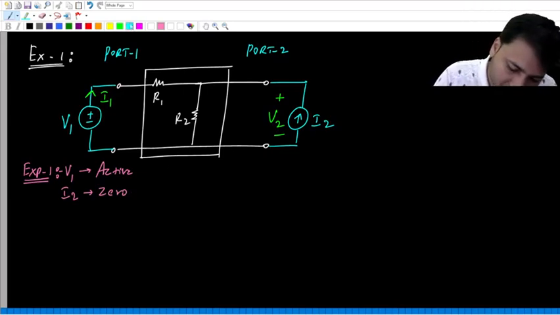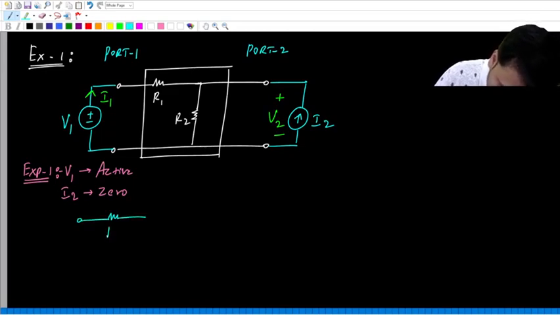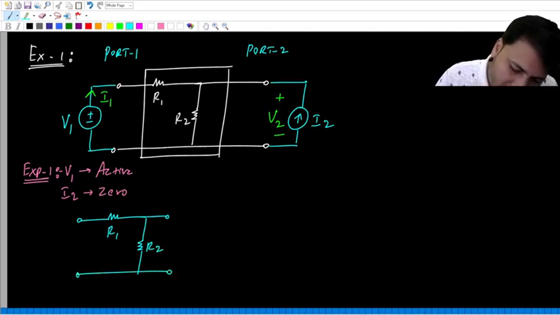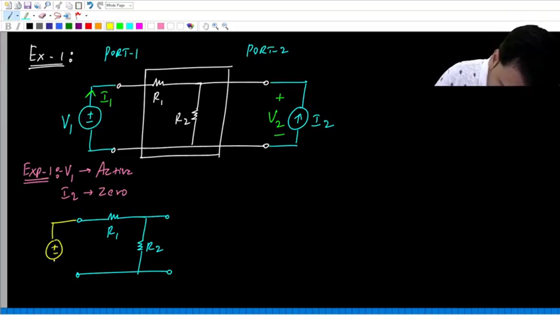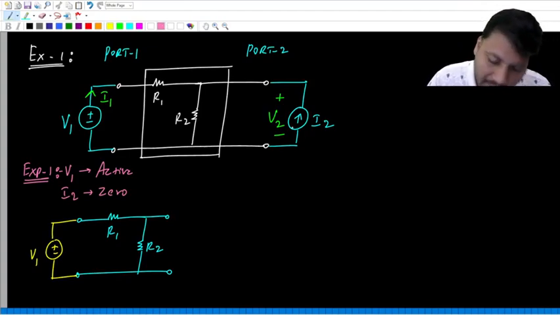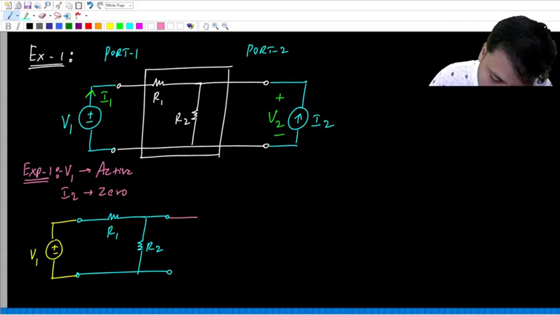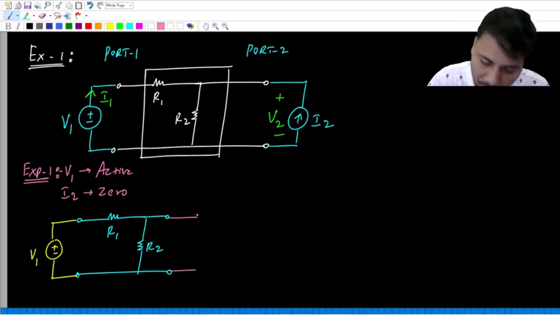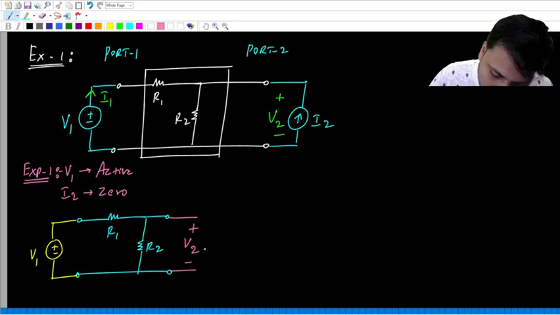So first you draw the resistive network as it is, and then at port 1 whatever voltage source we have is kept active. So I draw the same voltage source V1, and at port 2 whatever current source we have, we make it 0. When you make the current source 0, it becomes an open circuit, but always you can measure the open circuit voltage V2.